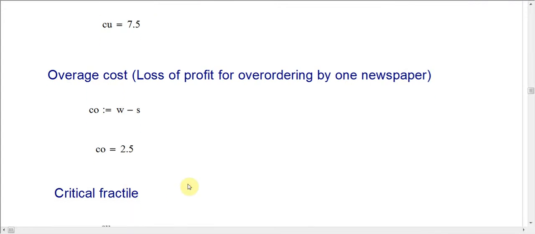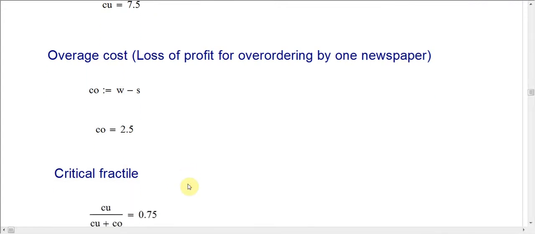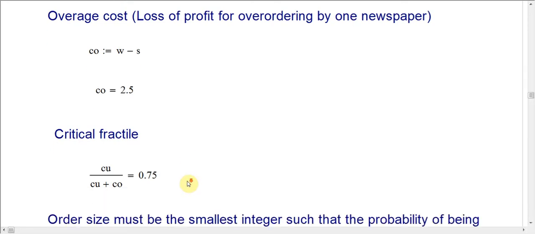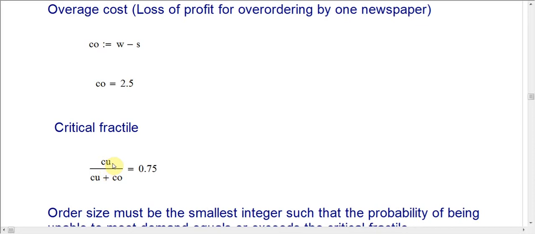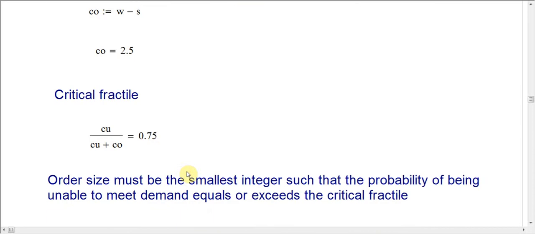Okay, now we can calculate. The solution requires the calculation of the critical fractile, which is the overage cost over the overage cost plus the underage cost, and this is 0.75, 3/4.